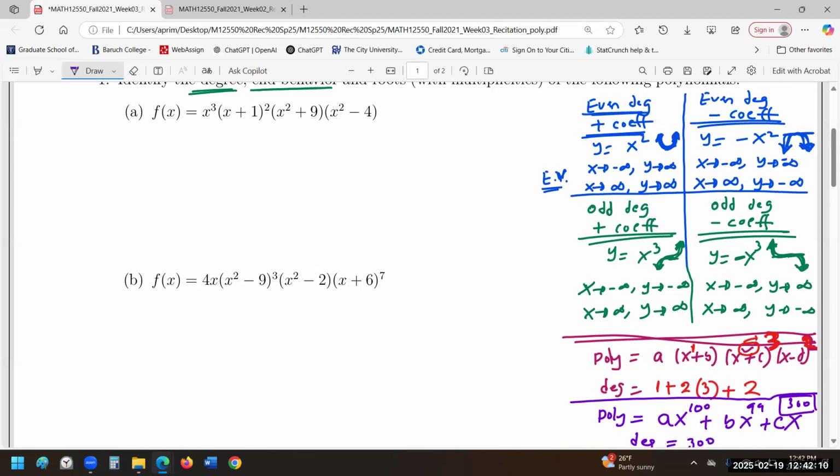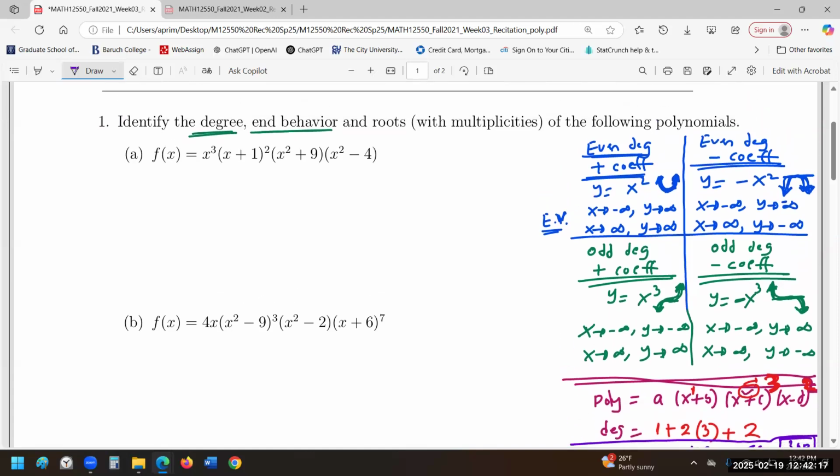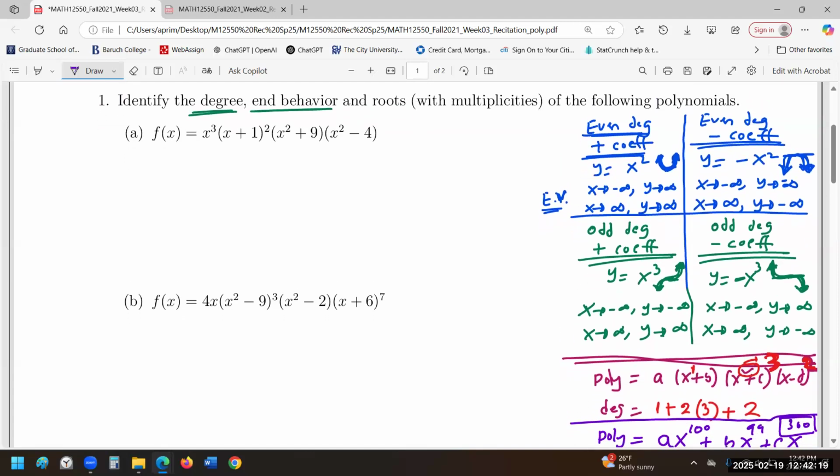Okay, so let me do one on roots with multiplicity. Multiplicity means how many times you see the same x-intercept. Once you solve for the x-intercept, how many times you see it, that's multiplicity.